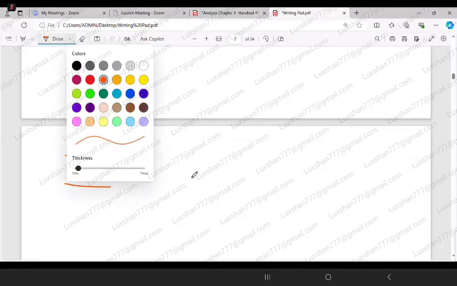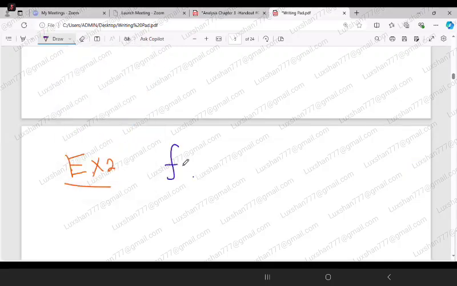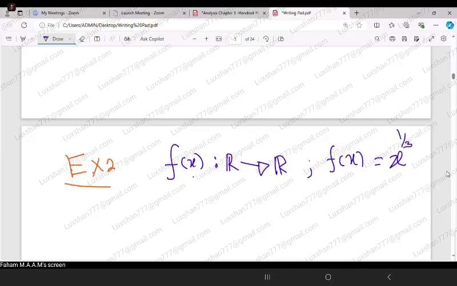Okay, so the function f(x) is defined from the set of real numbers to the set of real numbers, and defined by f(x) is equal to x to the power 1/3. That's the cubic root of x.